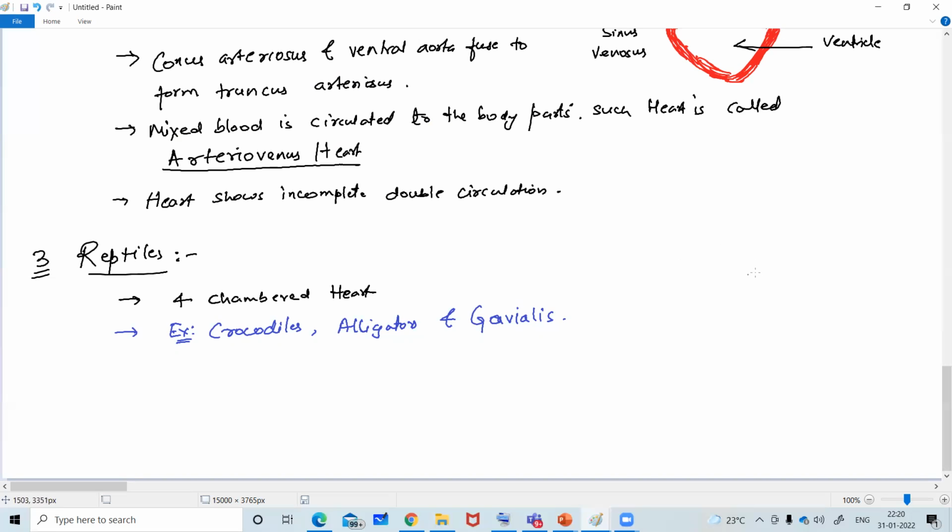the septum. Septum is the center of the heart, which divides the heart into two halves. That's called septum. So if I have to draw the structure of heart, let me draw a simple diagram.